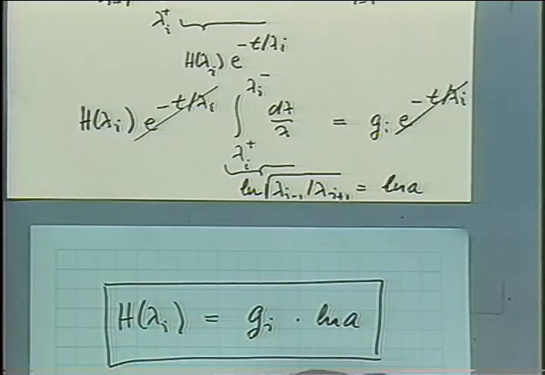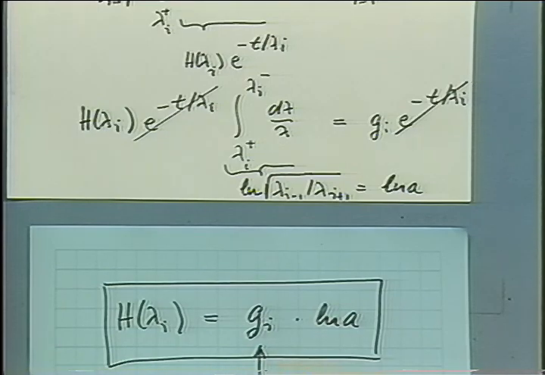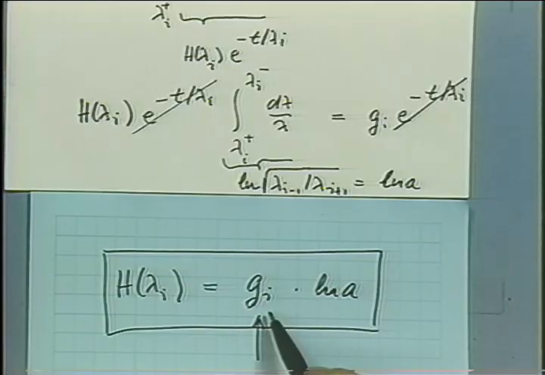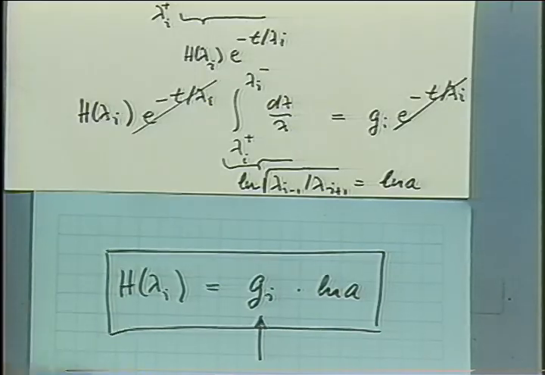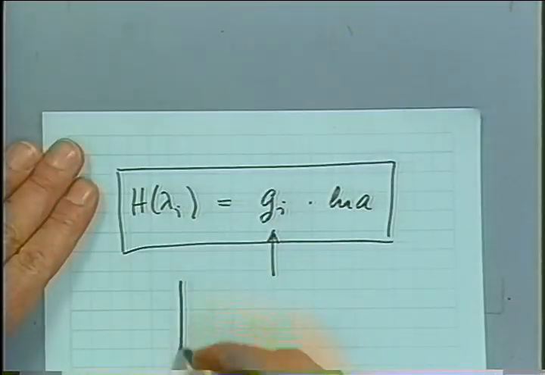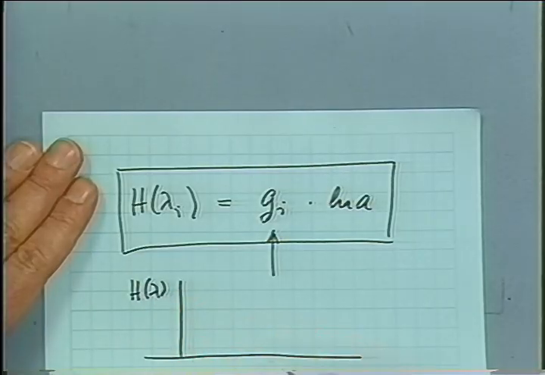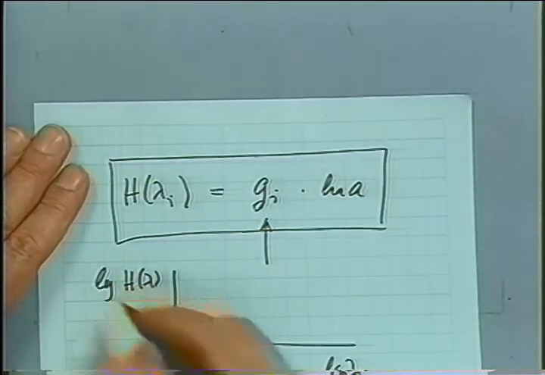You could now invert this. From our conversion mechanism from before, we will determine g I's and lambda I's, and we can plot h of lambda, where this axis is log lambda and this is log h.